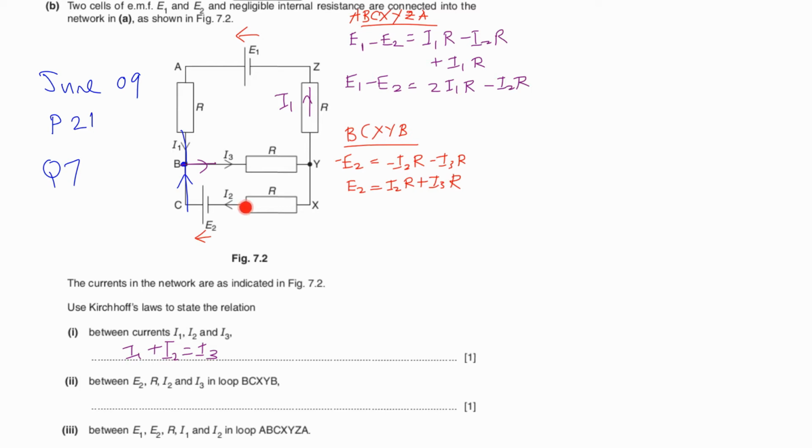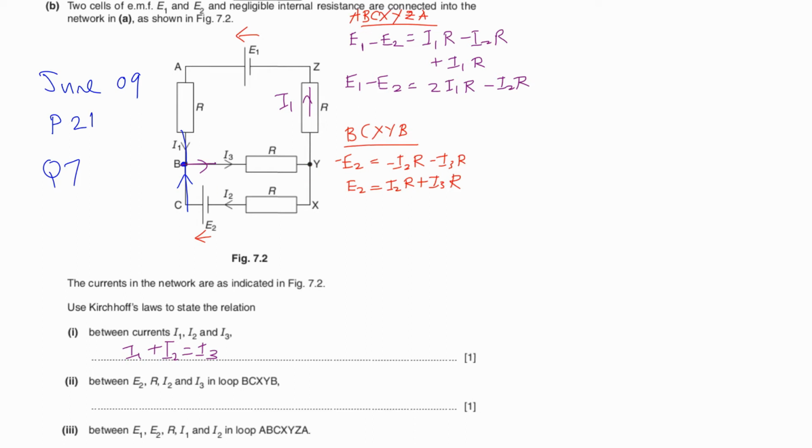For PD of this, what are you using here? So Abigail's answer? Positive or negative? Negative I2R. What about this part? What is the PD across this top R? Positive or negative? Negative, because direction of current is to the right, but travel is to the left.